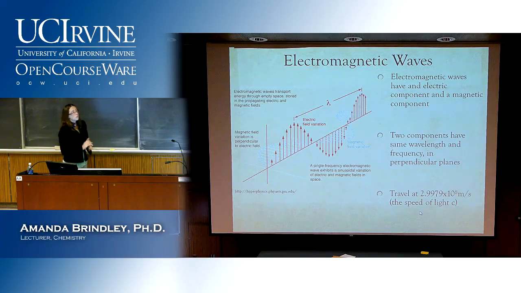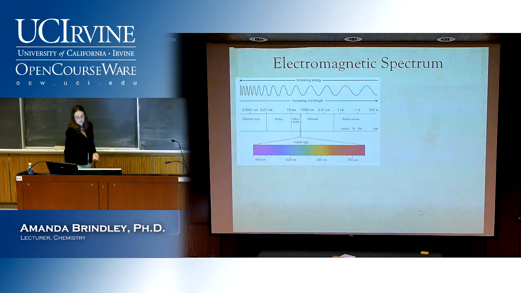Now, let's go back and talk a little bit about why all of those different electromagnetic waves that I talked about are so different. We had X-rays and microwaves and light and heat. What makes all of those so different from each other? Here we have the electromagnetic spectrum, and this figure has it listed out all the way.